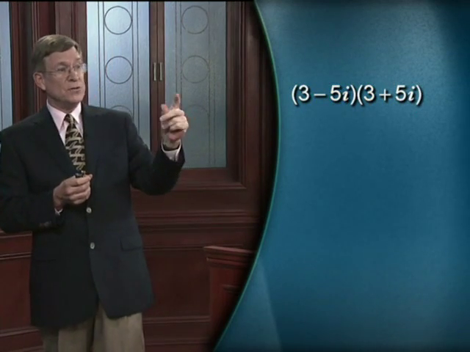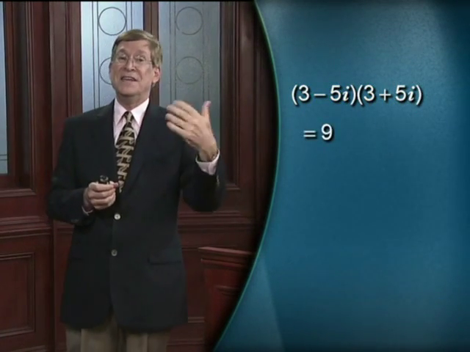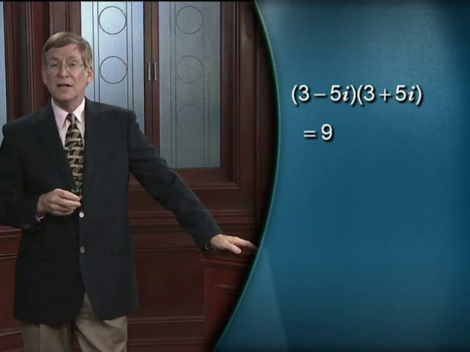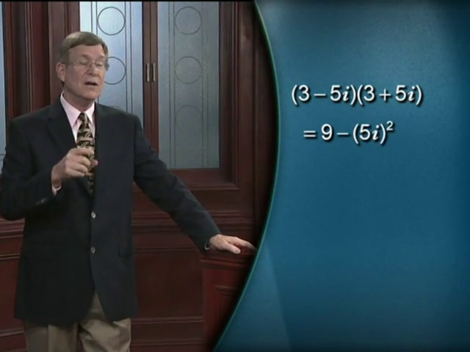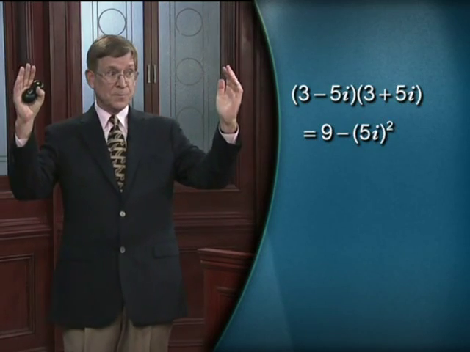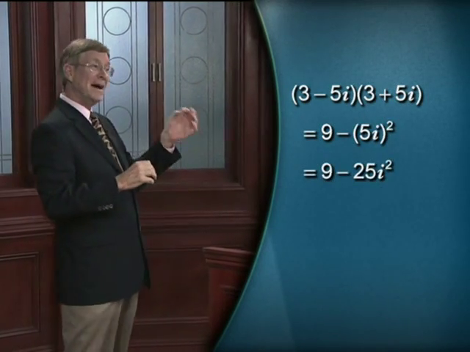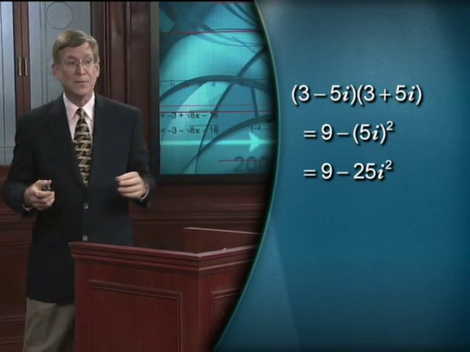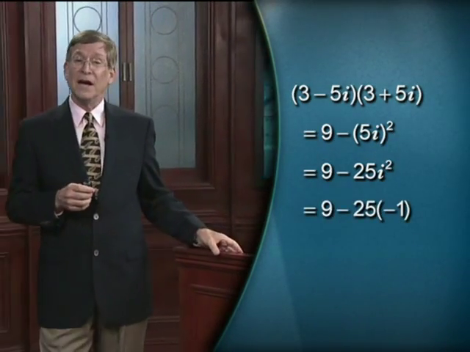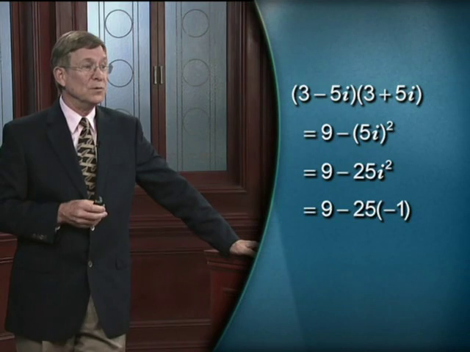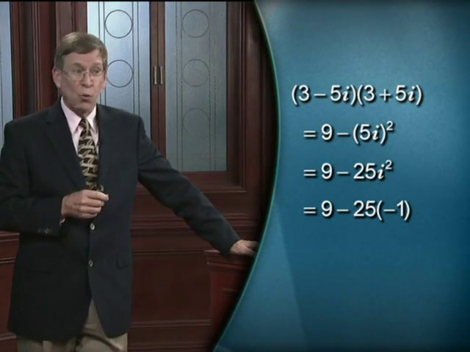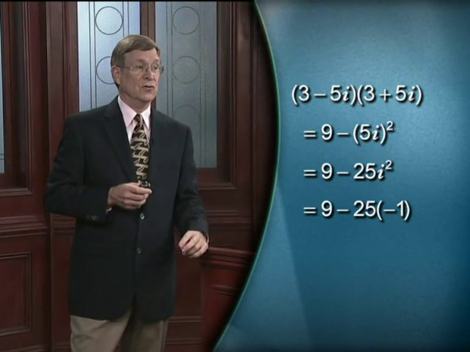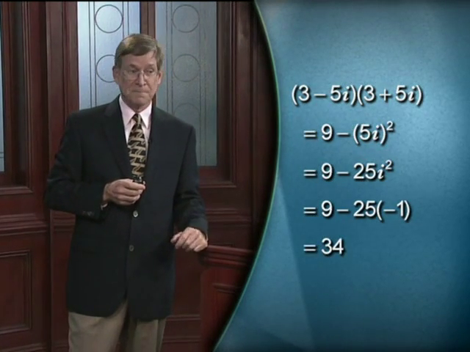And so you're left with just 3 times 3, or 9, and then minus 5i times plus 5i, or minus 5i squared. So it's 9 minus 25 times i squared, and then you get 9 minus 25 times minus 1, because i squared equals minus 1. And so the final answer is 34.